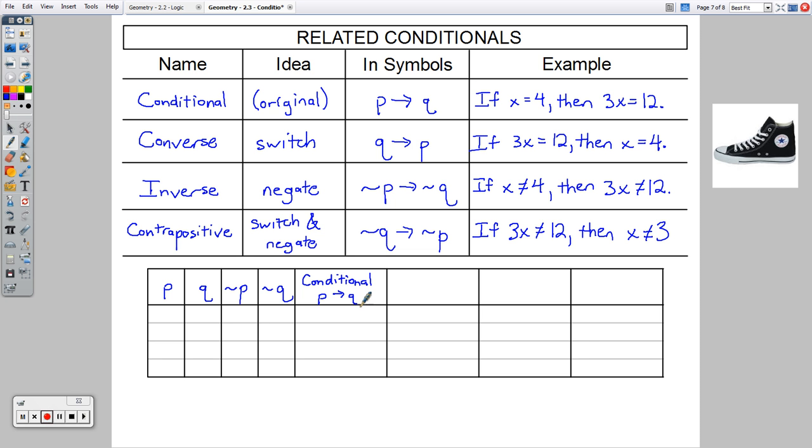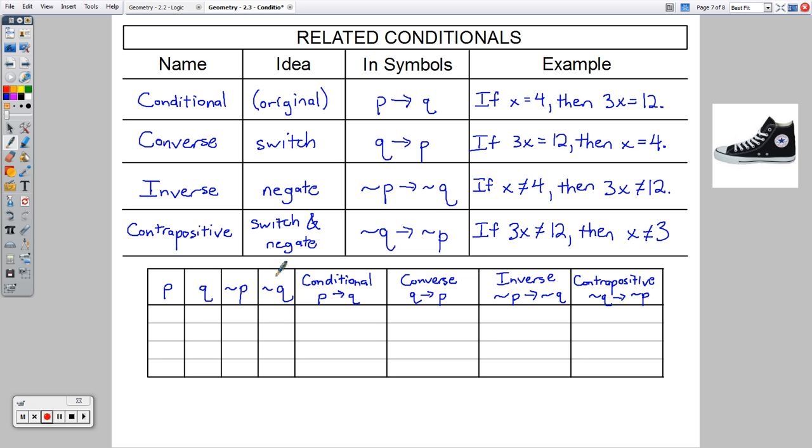This is going to be P implies Q. Put in this box converse. This one is Q implies P. And then the inverse. This one, not P implies not Q. And finally the contrapositive. This is not Q implies not P.